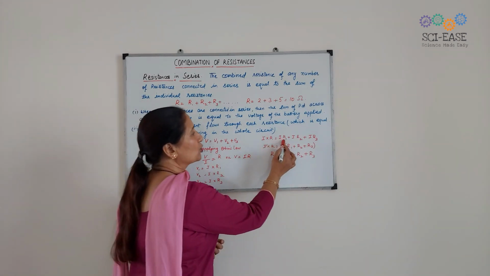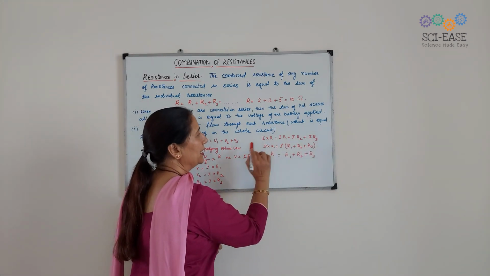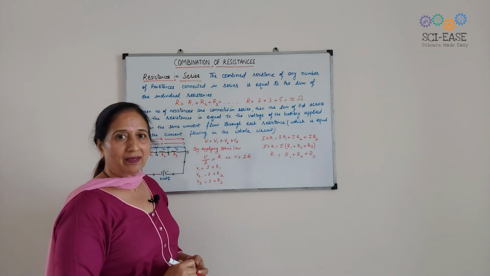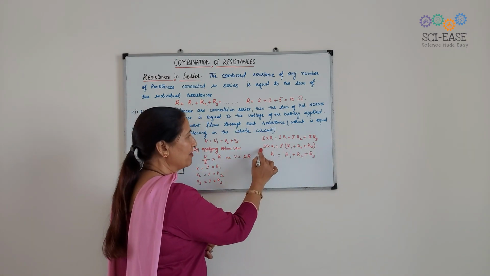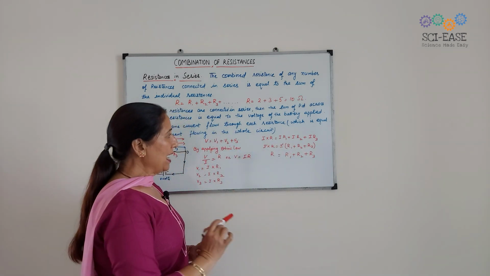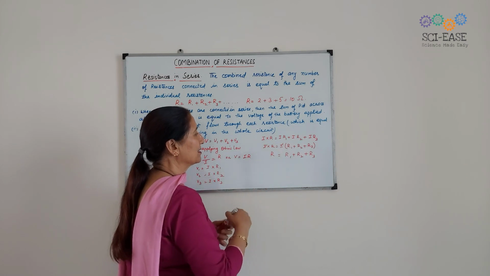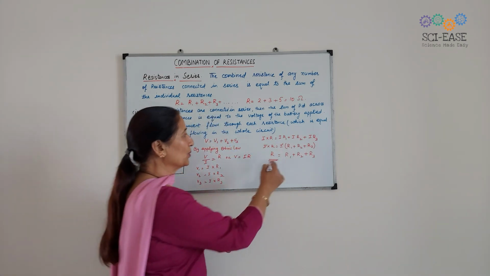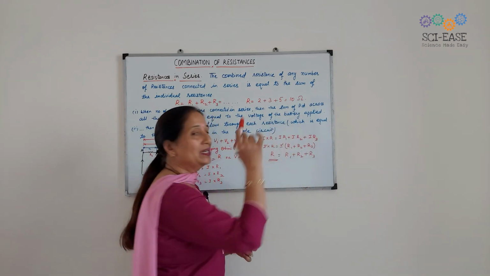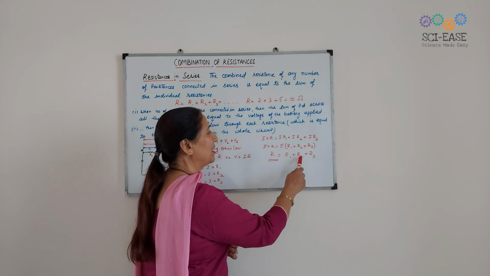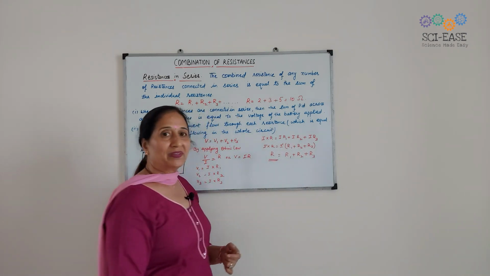Now this I is common, so taking it common, we get R1 plus R2 plus R3. Both sides have I, so we will cancel it. And so R, the resultant resistance, is equal to the sum of the individual resistances. R is equal to R1 plus R2 plus R3.